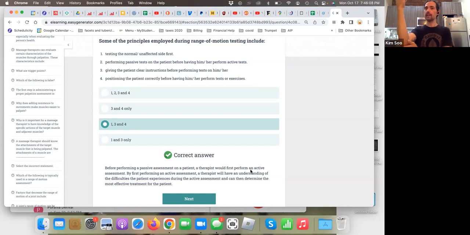Okay, let's say that the pain in the elbow is being caused by some kind of soft tissue problem, by a swollen bursa or an irritated triceps tendon or a torn triceps tendon, right? If you first do a passive range, opening and closing their elbow, you could further irritate or further tear something that's swollen, irritated, or torn. Can we agree on that? But if you ask them to open and close their elbow first, they're going to stop when they feel the pain.